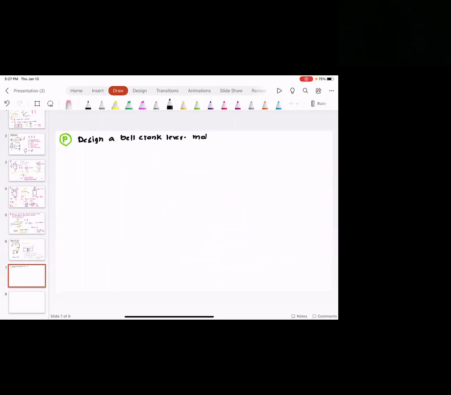Material is mild steel. The loads and dimensions are shown in figure.